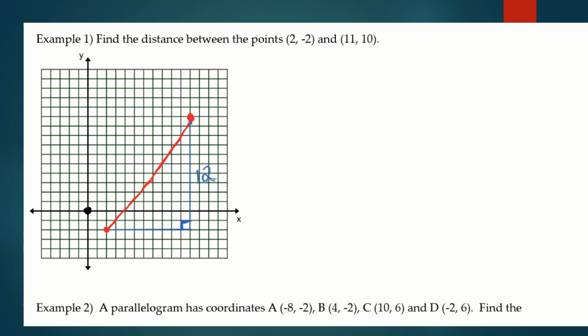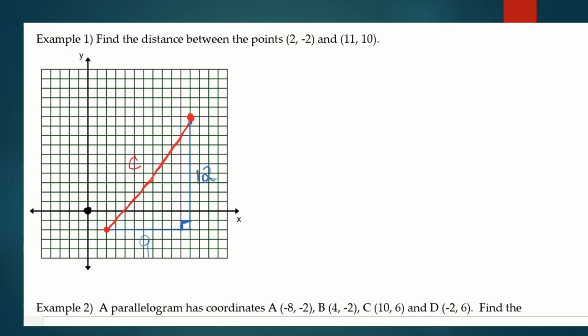I can find the length of the other leg as well, once again, by counting to where the 2 legs meet. I can start at the right angle. It doesn't really matter where I start as long as I count horizontally this time. So I'm going to start 1, 2, 3, 4, 5, 6, 7, 8, 9. So my legs have lengths 9 and 12, which means I'm looking for the hypotenuse, which I'm just going to label c.